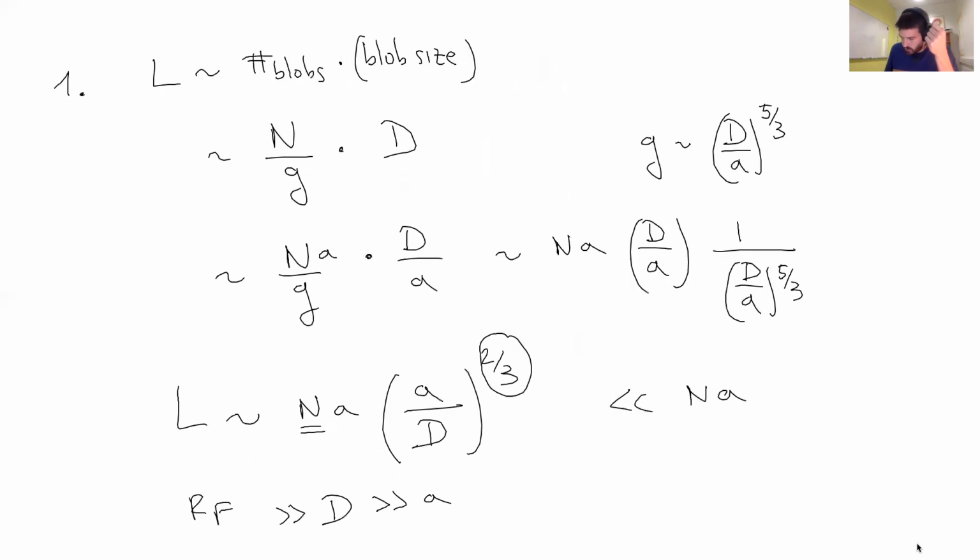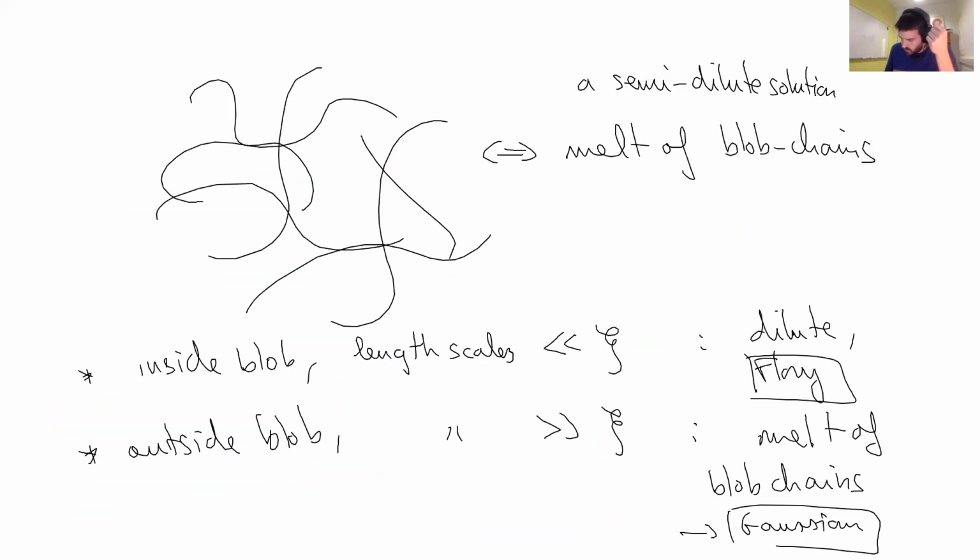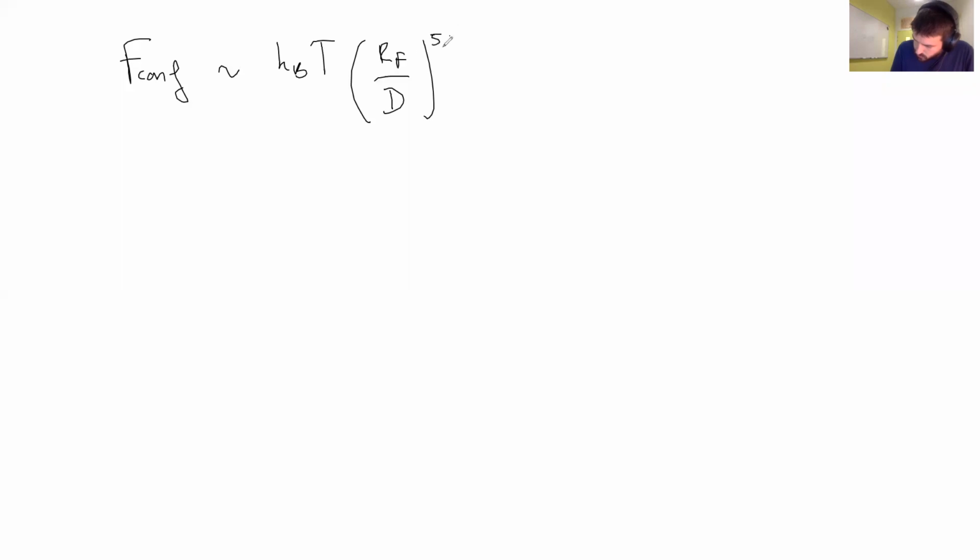All right, so now let me go on. So we have the free energy. Confinement is, we said, kbt, 5/3 of the confinement ratio. And so we would like to ask, what is the free energy of confinement per blob? Well, it's F conf of confinement divided by the number of blobs.